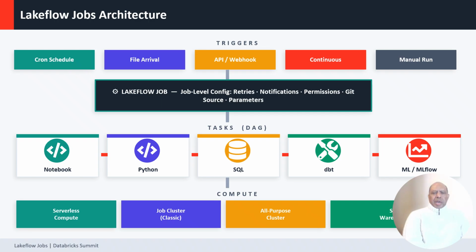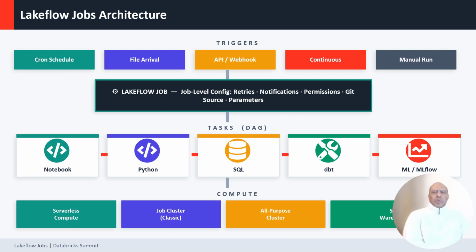This is where the actual work is defined. Tasks can be notebooks, Python scripts, SQL queries, dbt projects, or machine learning pipelines. The arrows between them define the dependency order. For example, task B does not start until task A succeeds.